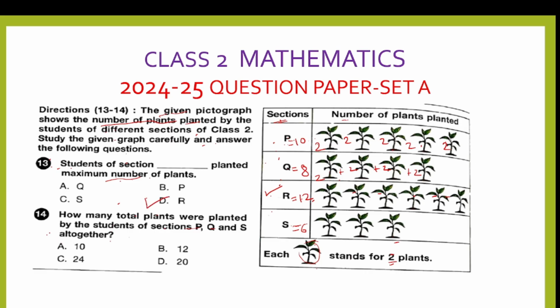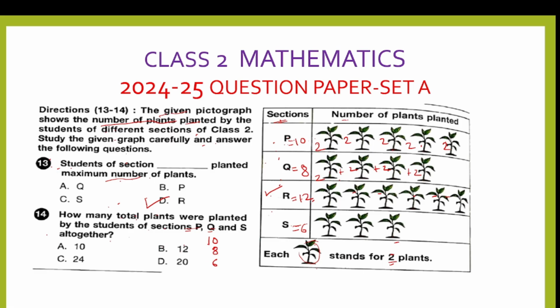Now what is question number 14? How many total plants were planted by the students of the sections P, Q and S altogether? So what we have to do? First write down the plants planted by the section P are 10, then Q are 8 and section S are 6.